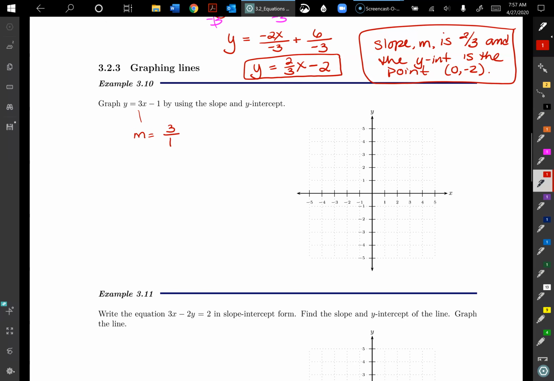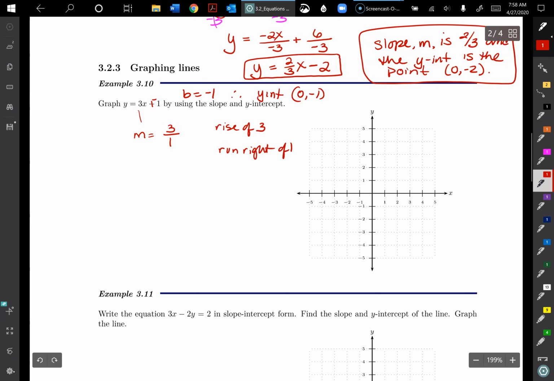A positive 3 means we have a rise of 3 units, and then a run of 1 unit. The y-intercept says minus 1, but that's really like plus negative, right? So our b equals negative 1. Therefore, the y-intercept is the point (0, negative 1).